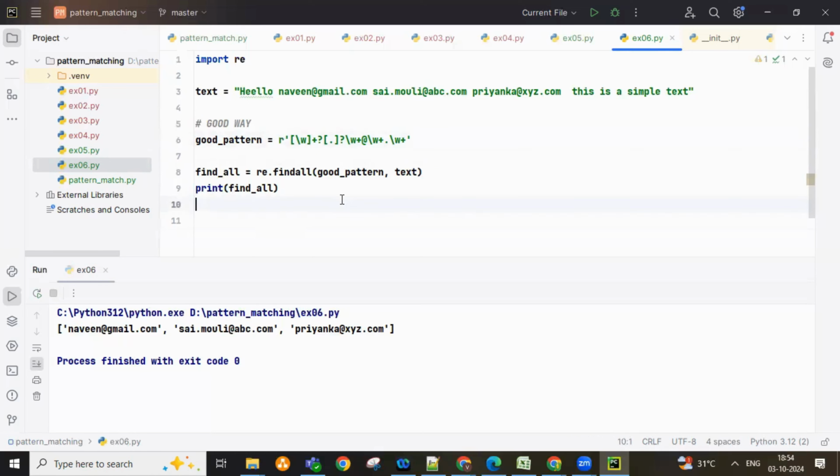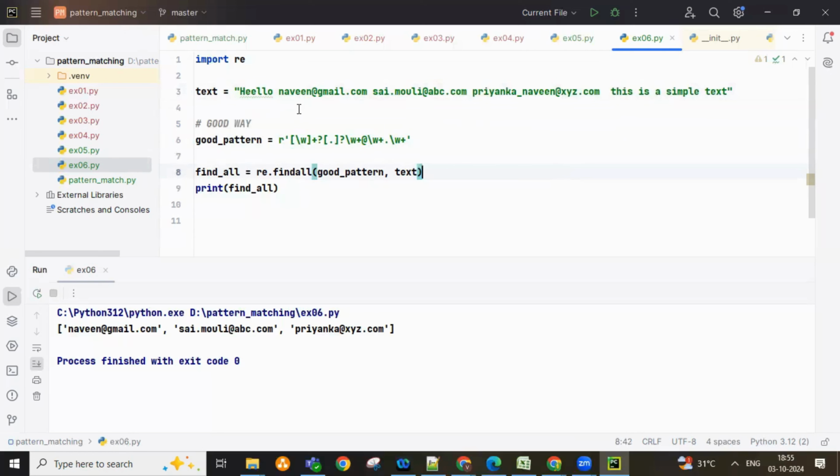Now, did you understand how we can construct a pattern? See, now you understood. For example, now I also want to match with... I think email addresses most likely have dot and underscore only, right? It can be dot, it can be underscore also. It can be Sai dot, or let's say Priyanka underscore Naveen, for example, right?